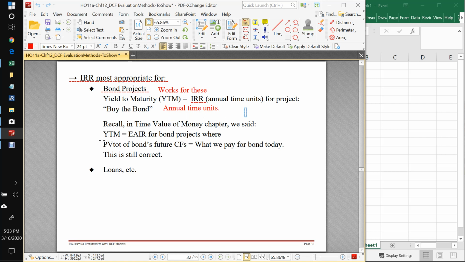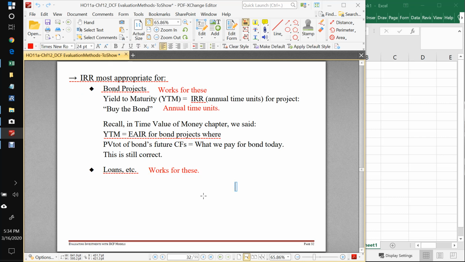Okay, and remember from our chapter 8C, time value of money, YTM is also equal to the equivalent annual interest rate for bond projects. Also, IRR will work for things like loans, mortgage loans, other loans. So IRR is not hopeless.